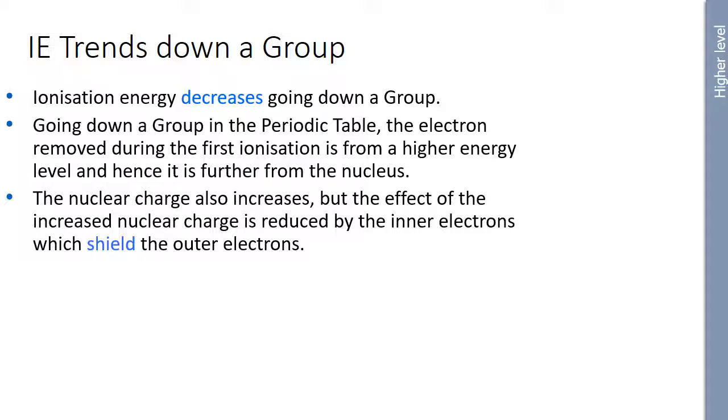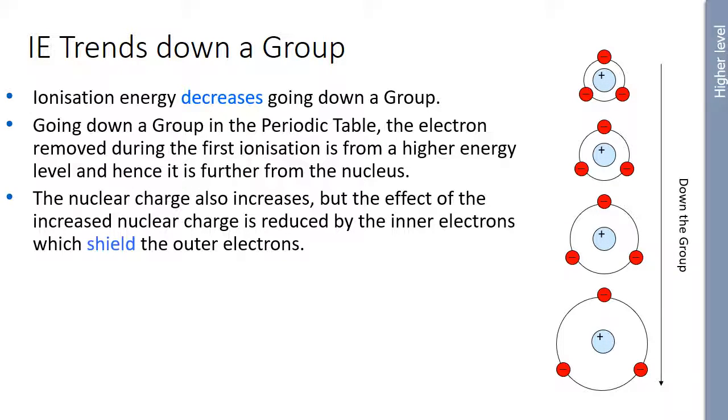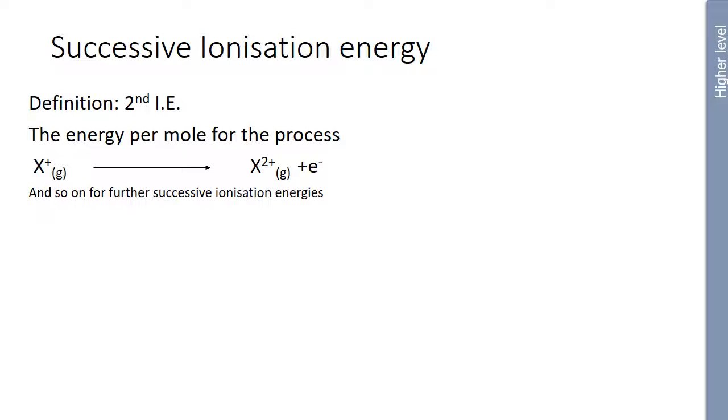The effective nuclear charge also increases because the number of protons increases, but the effect of the increased nuclear charge is reduced because the inner electrons are shielding the outer electrons. So as you go down, the number of electron shells increases. The first one has high ionization energy because the electrons are very close to the nucleus, whereas further down, they're further away.